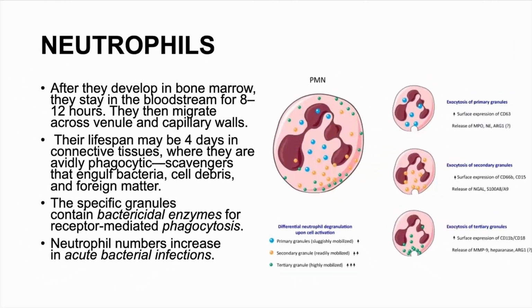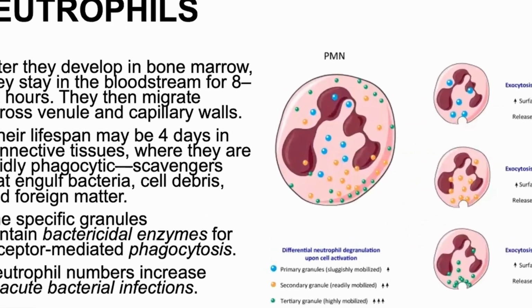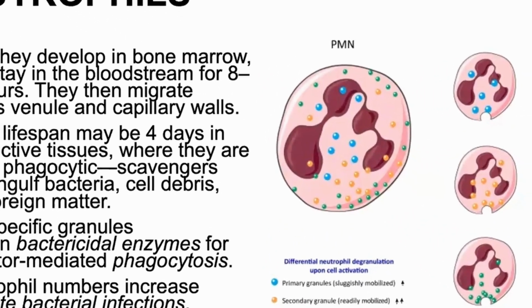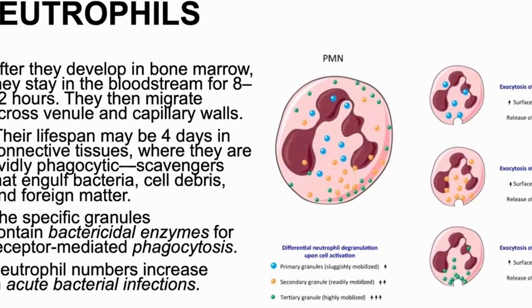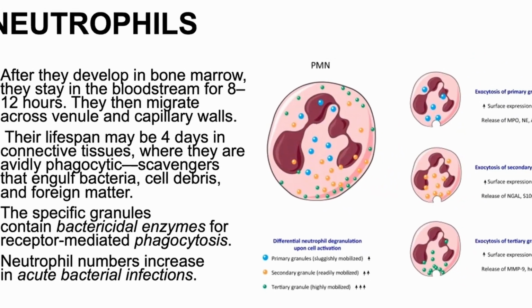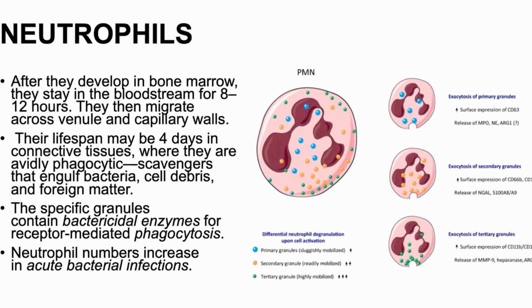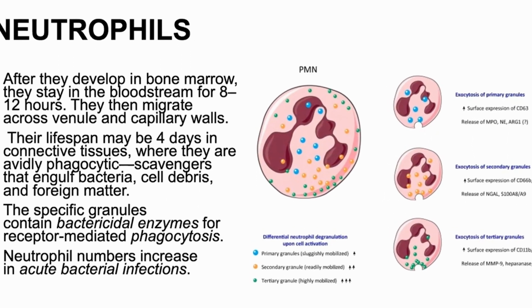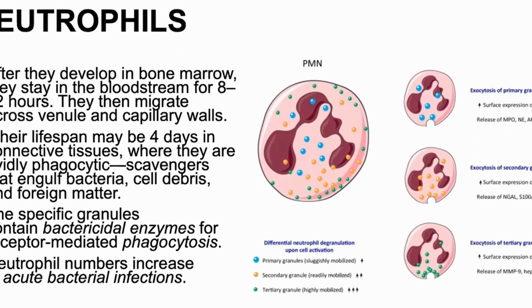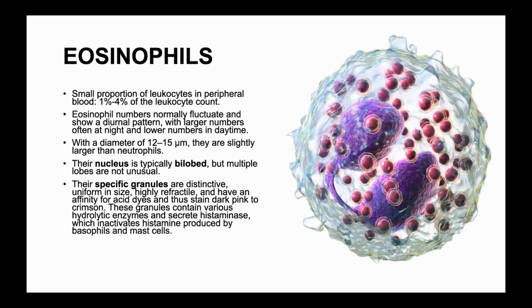Then they can migrate into venules and capillaries. They can become phagocytic scavengers in the tissues, and they are important for bacterial infection. So they're increased, for example, if you have an acute bacterial infection, you can just take some blood, you see the neutrophils, that's neutrophilia. It suggests that the patient is having a bacterial infection.